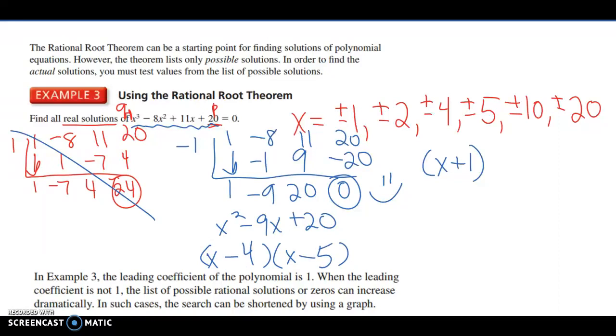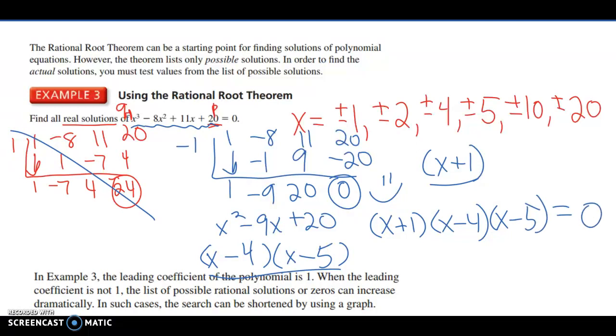Now we put all the factors that we have together and we can get our final answer. Remember, we are solving. We're not just factoring. So look at the example here. Find all real solutions when it equals 0. So now we set each factor equal to 0.